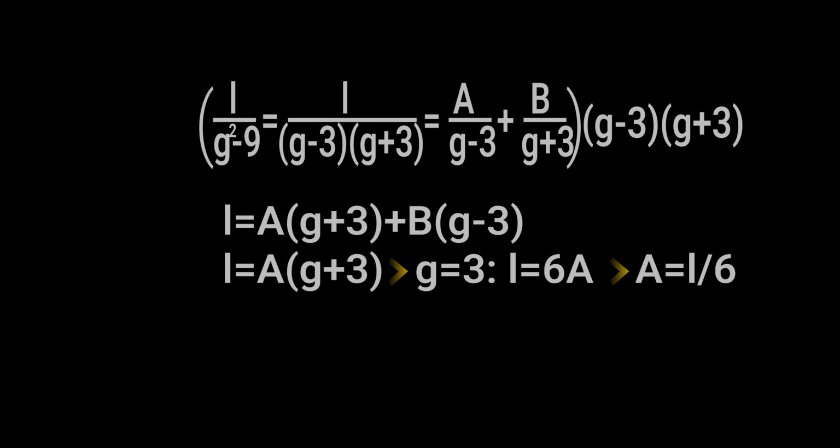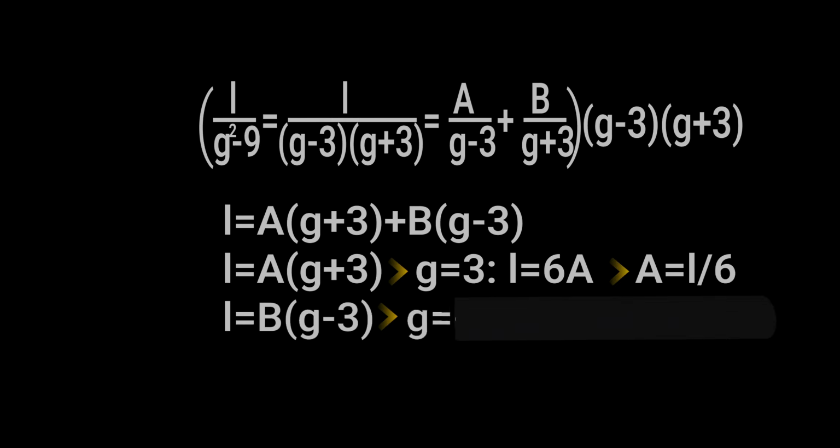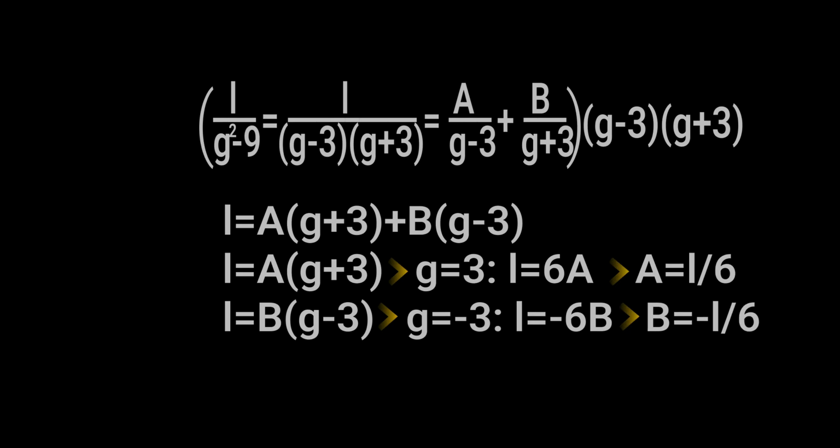Then we can do the same thing for b. 1 equals b times (g minus 3). Then we pick a value for g. We pick negative 3. Negative 3 minus 3 becomes negative 6. So that gives us 1 equals negative 6b. Then we divide both sides by negative 6, and that gives us b equals negative 1 over 6.